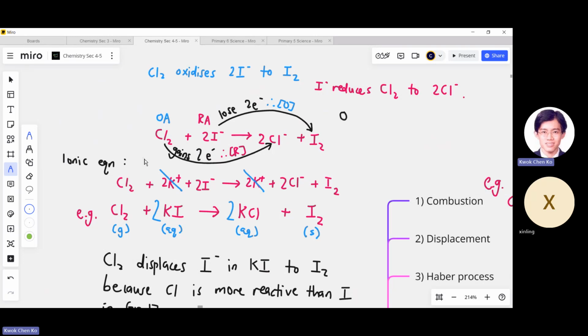Quick reminder, both oxidizing and reducing agent must be reactants. It must be on the reactant side. Don't look at the product side. Okay? Yes. All right, sure.